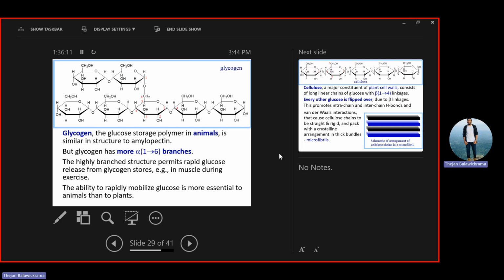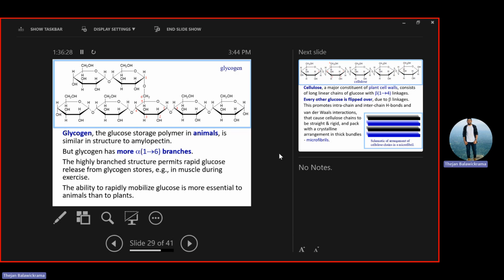Another example, glycogen. Glycogen, of course, is not found in plants. Like I said earlier, that is found in animals. And this is also not just a straight chain. It is a branched one.